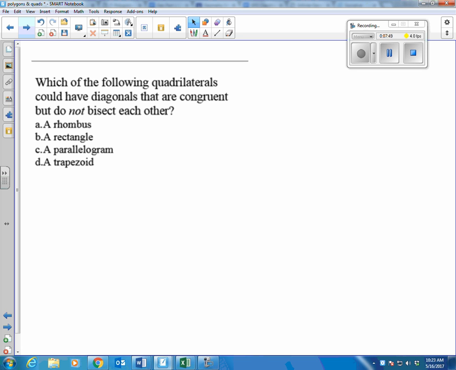A rhombus is a parallelogram, a rectangle is a parallelogram, and of course a parallelogram is a parallelogram. All three of those, A, B, and C, have diagonals that bisect each other by definition of a parallelogram. And so D is the only thing that's not a parallelogram, and it can have diagonals that are congruent, but they won't bisect each other.